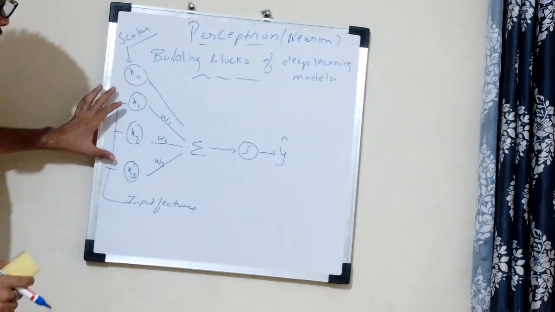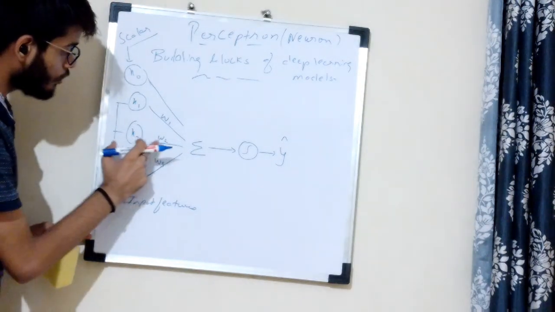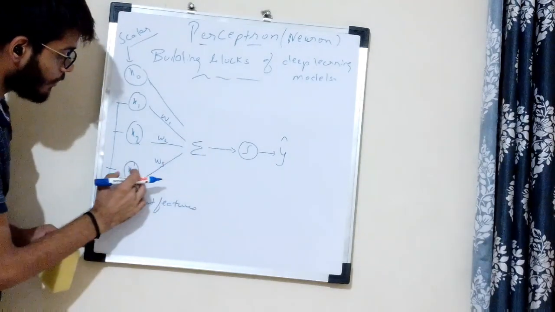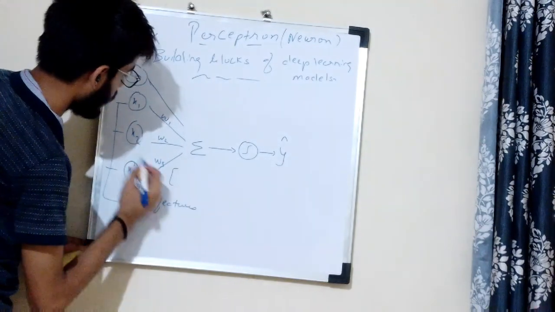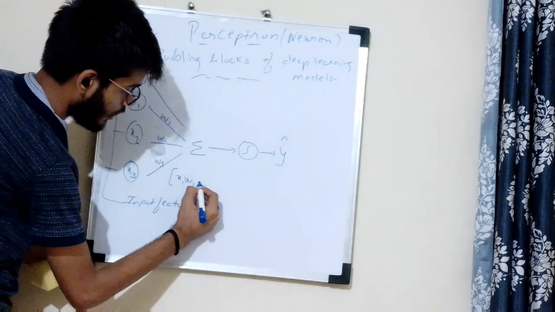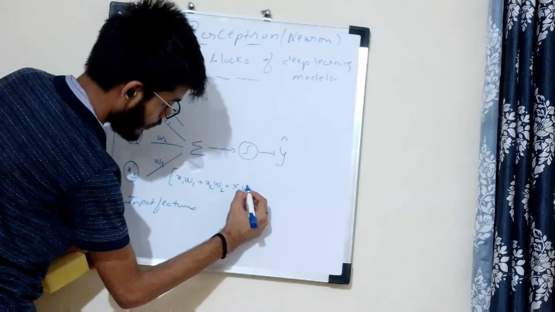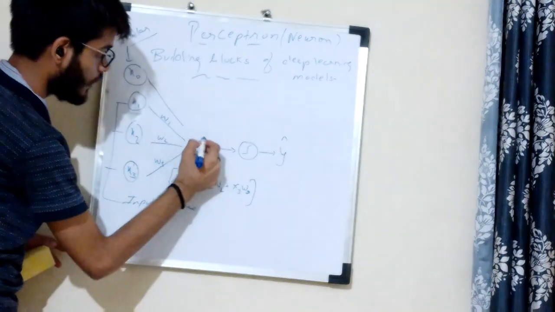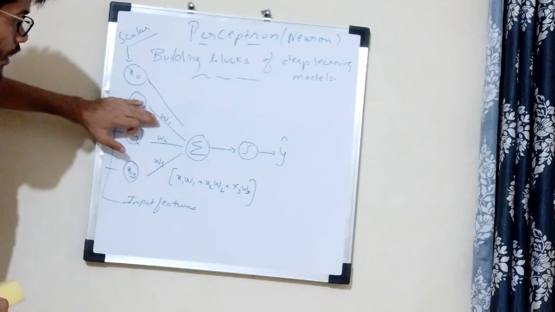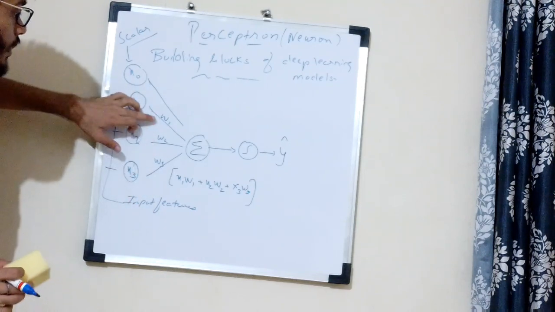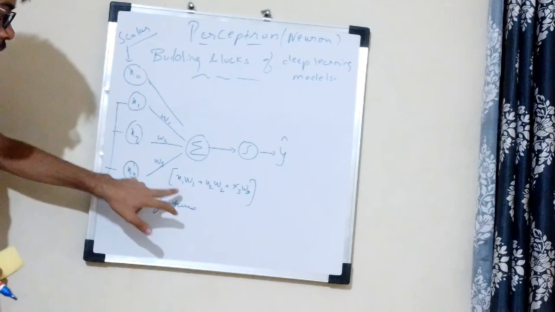We multiply x1 with w1, then add x2 times w2, and then add x3 times w3. That is, x1w1 plus x2w2 plus x3w3. We call these weights, and we multiply and find the sum like this.